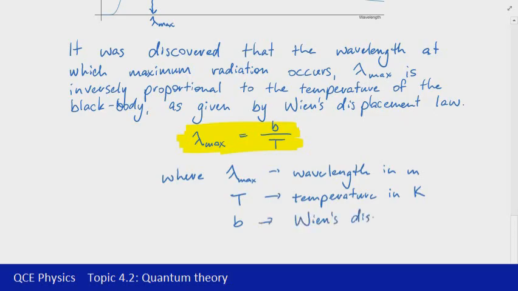Now, I'm not sure why the word displacement is important here. It's just the term that's used in this relationship. And the value of that is 2.898 by 10 to the negative 3 meters Kelvin. And again, that value is given to you in the equation booklet.